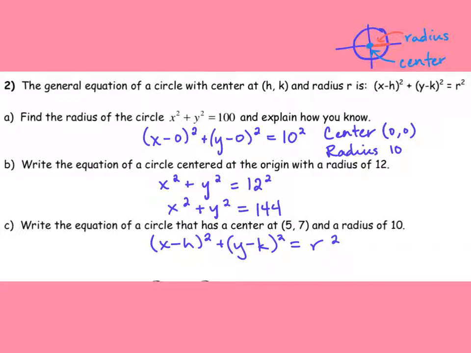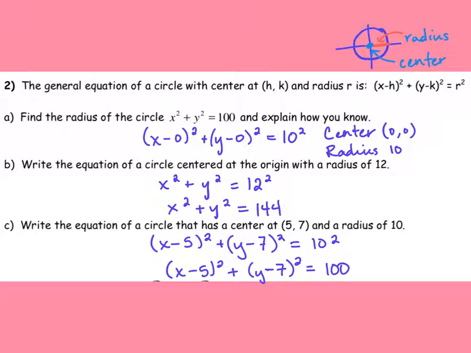Now I'm going to erase my h and put in 5, erase k and put in 7, and erase r and put in 10. It's not going to do me any good to multiply this out, so I'm going to write x minus 5 squared plus y minus 7 squared equals 100. That's the only change I'm going to make there.